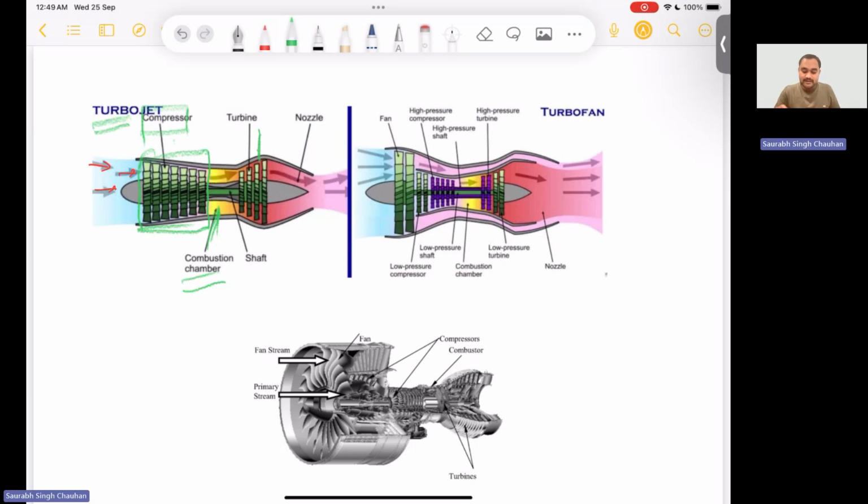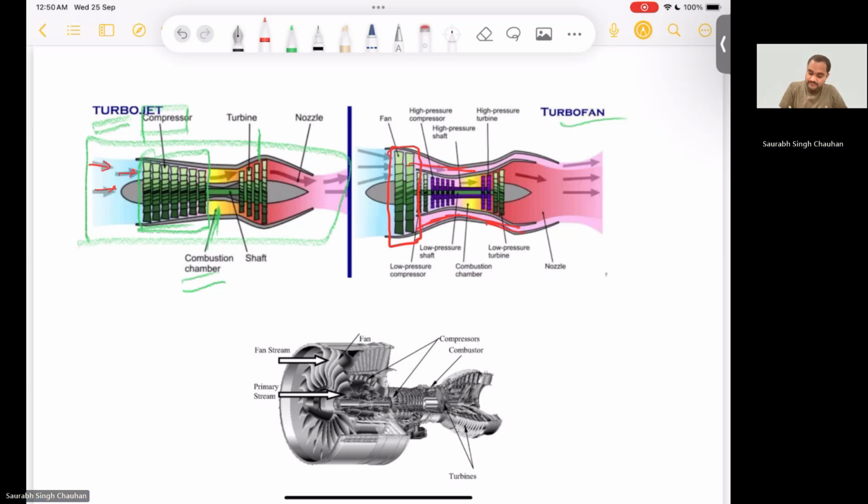But in a turbofan engine, this turbojet part is common in both, but in the turbofan we have some extra components. So what are those extra components? There is a fan. You can see here at the inlet there is a fan, and there is this small duct.